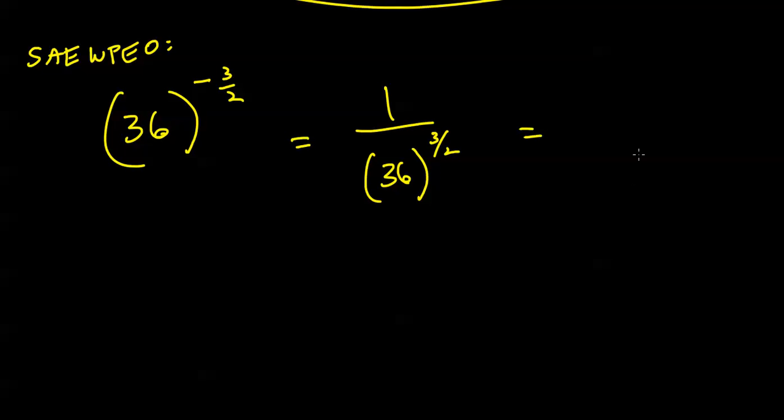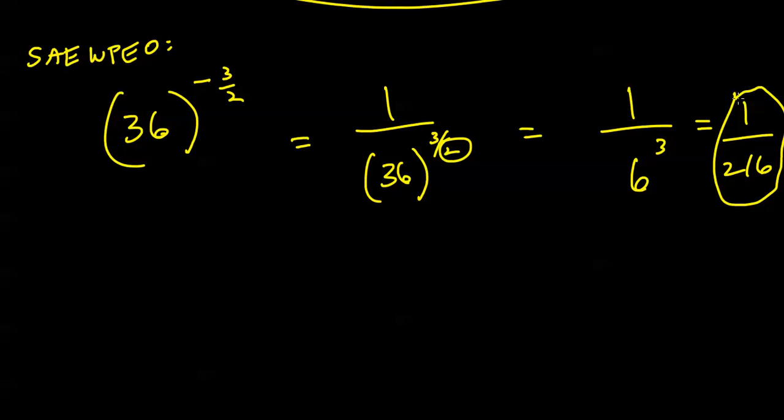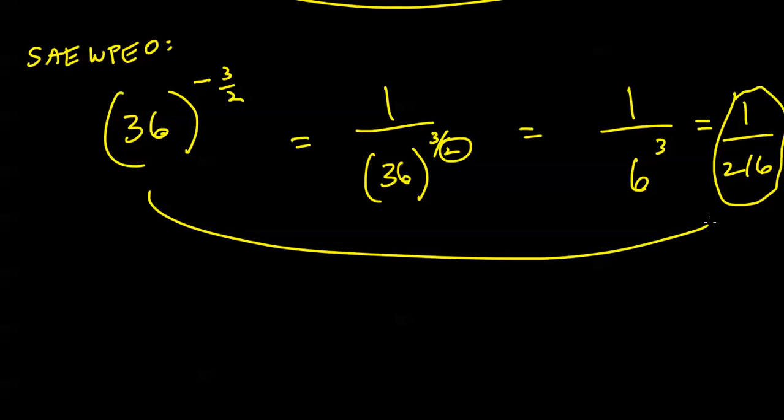Now in the denominator, I'll take the square root of 36, which is 6, and raise that to the 3rd power, and of course 6 cubed is 216. So 1 over 216 is my final result for this simplification example.